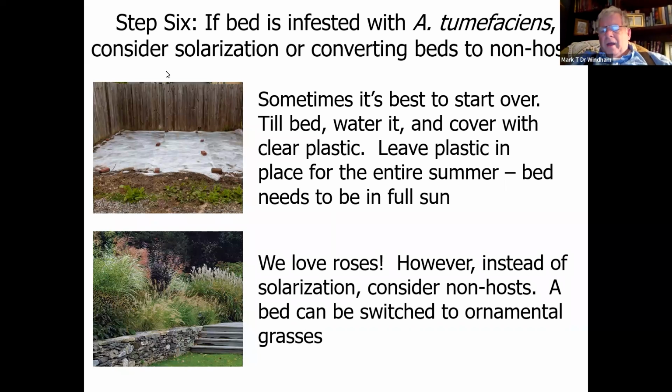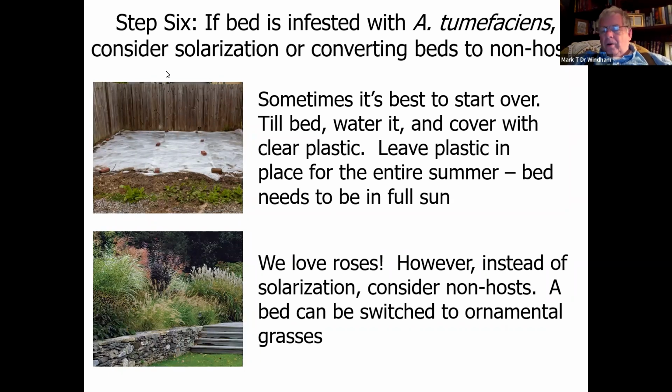Now, we all love roses. That's why we're here. We're rose geeks. But another thing you can do, and this works for if you have a problem with armillaria root rot, goes, well, I'm just tired of growing roses in this bed. I do not want it sitting empty all year long.